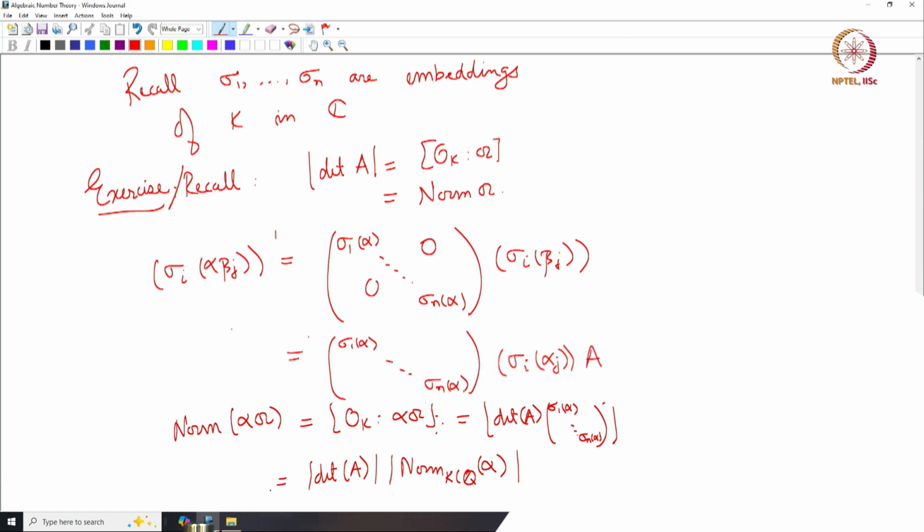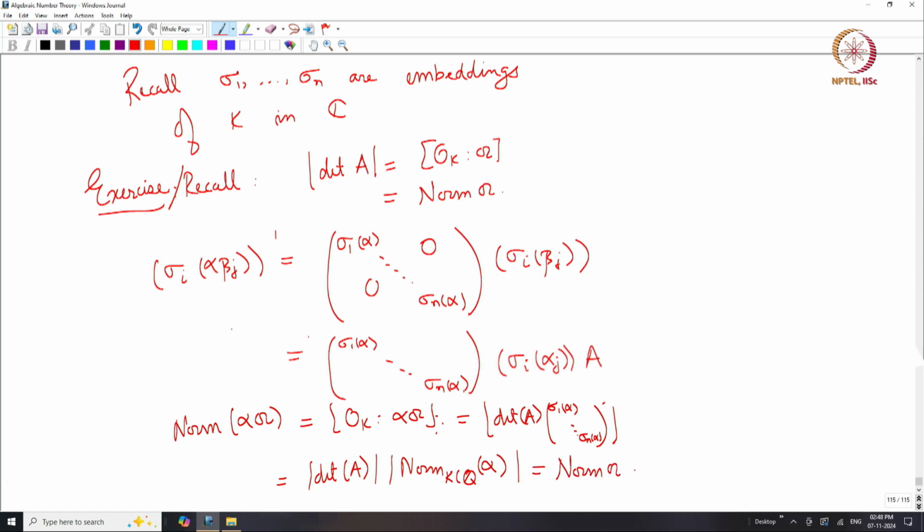And we already recalled that the determinant of the matrix A is the norm of A, and so we get what we want, the norm k over q of alpha. So, that is a very good relationship to have between these norms.